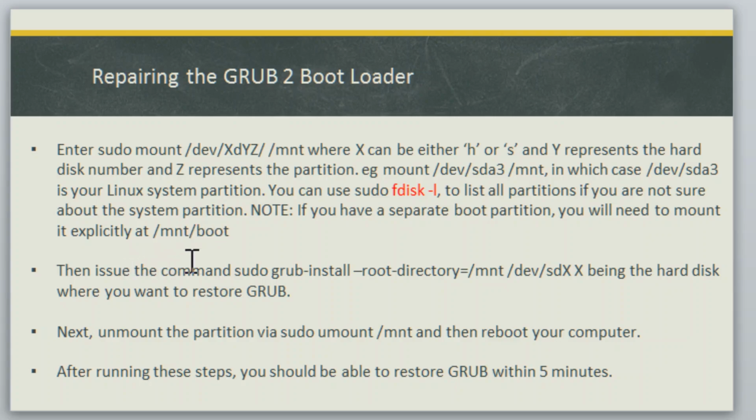So then you could issue the command sudo grub-install --root-directory=/mnt /dev/sdX, X being the hard disk where you want to restore grub. Okay. Next, you would unmount the partition via sudo umount /mnt and then reboot your computer. So guys, you're unmounting /mnt. Okay, after running these steps, guys, you should be able to restore grub within 5 minutes.